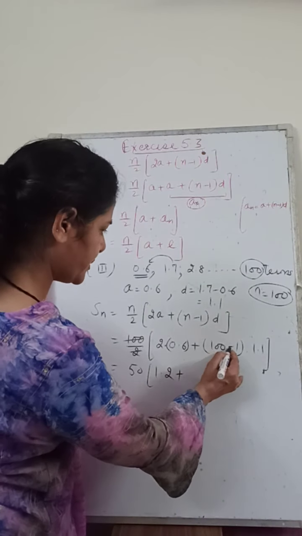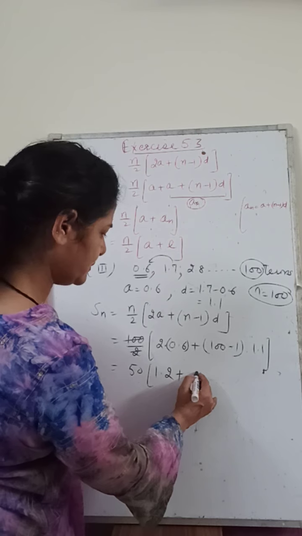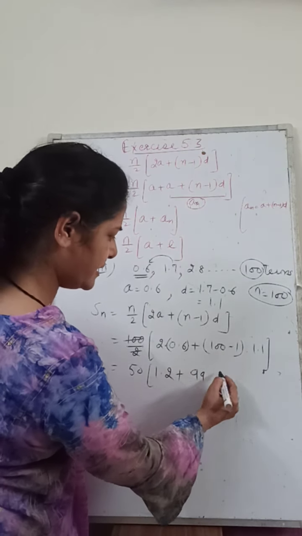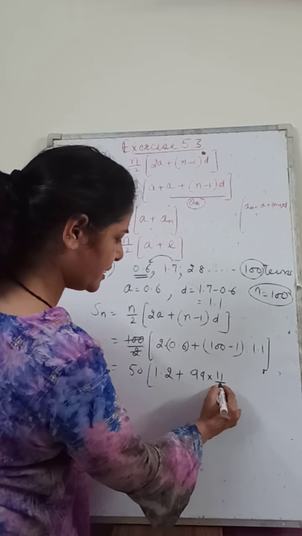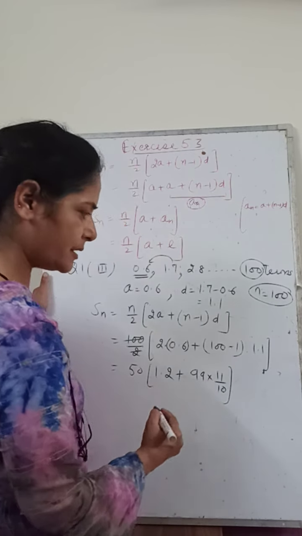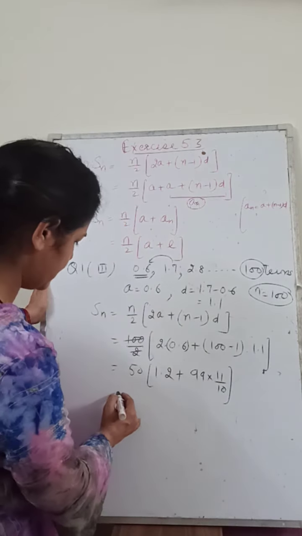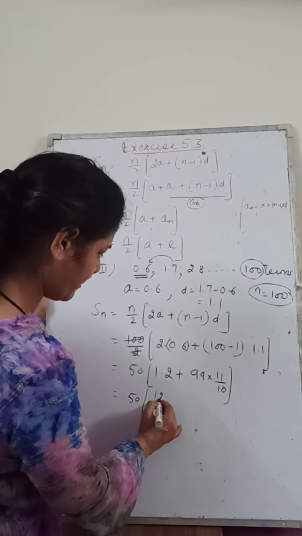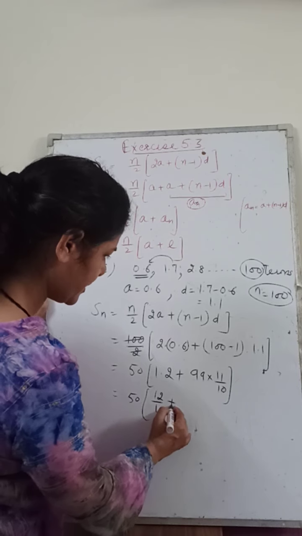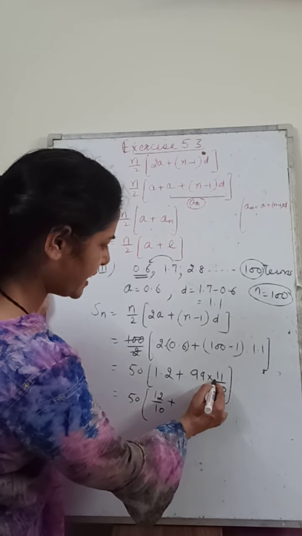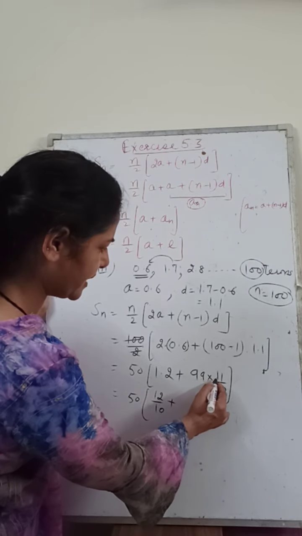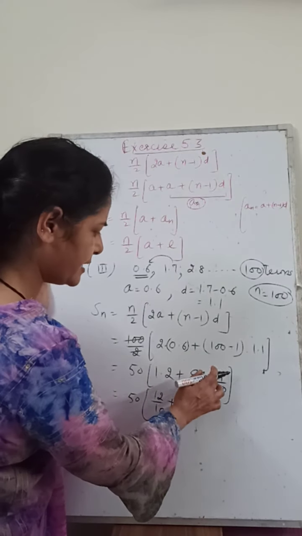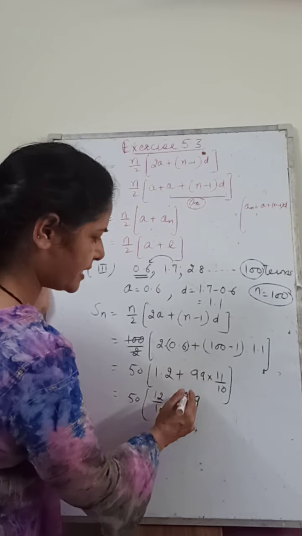Plus this is what, 99 into 11 upon 10. So it is 50 into 12 upon 10 plus 99 multiplied by 11. What will you be getting? 99 multiplied by 11 is 1089.